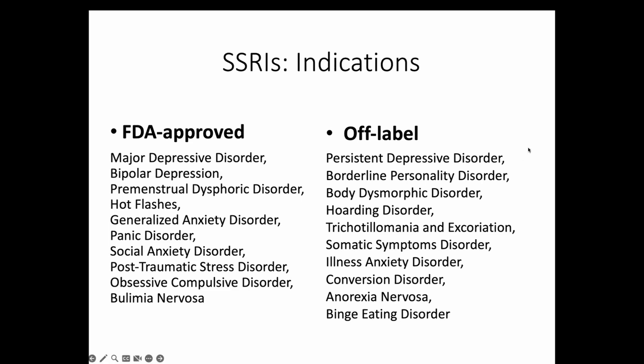Off-label means that there are other studies that do not meet FDA requirements, but still there's some data that shows that this medication can be helpful in that area, and it is being used by clinicians. Sometimes there may not even be a study, but because they are used so frequently, they become off-label indications. So it's basically about the level of evidence. Okay, thank you. Of course.